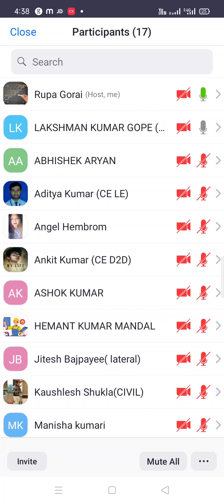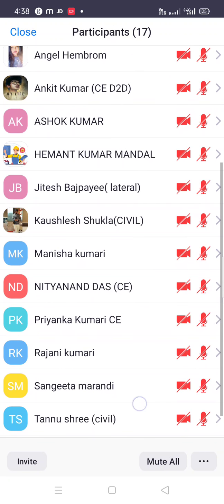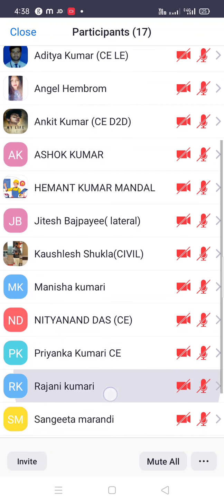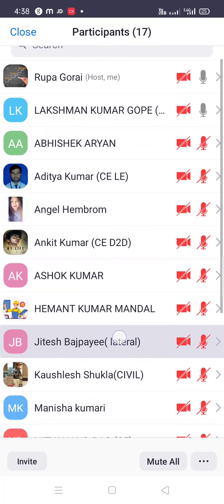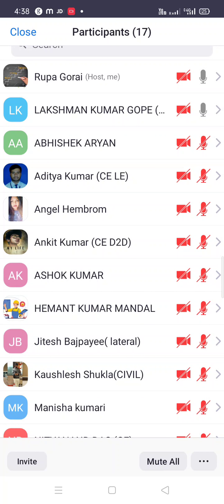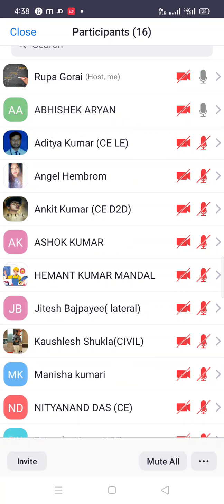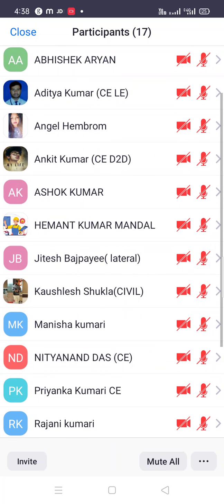Costless and Laxman, are you ready? Okay. Aditya is there and Abhishek is there. Aditya and Abhishek, are you ready? Abhishek, are you ready? What happened?